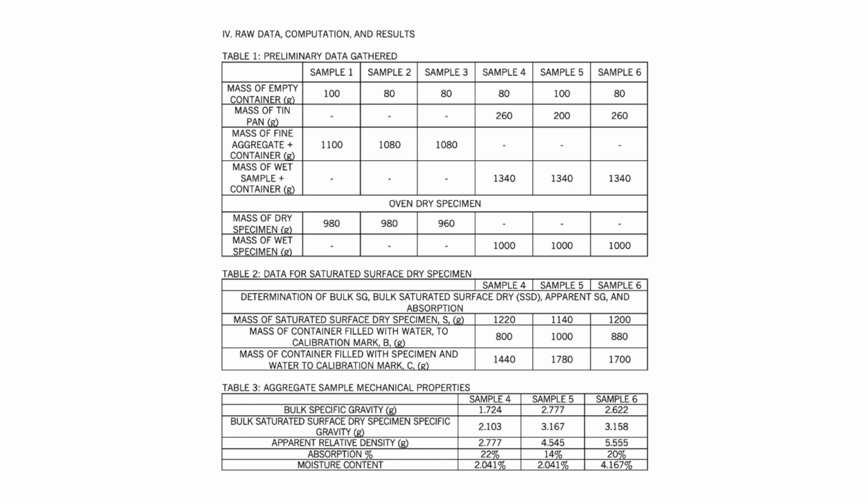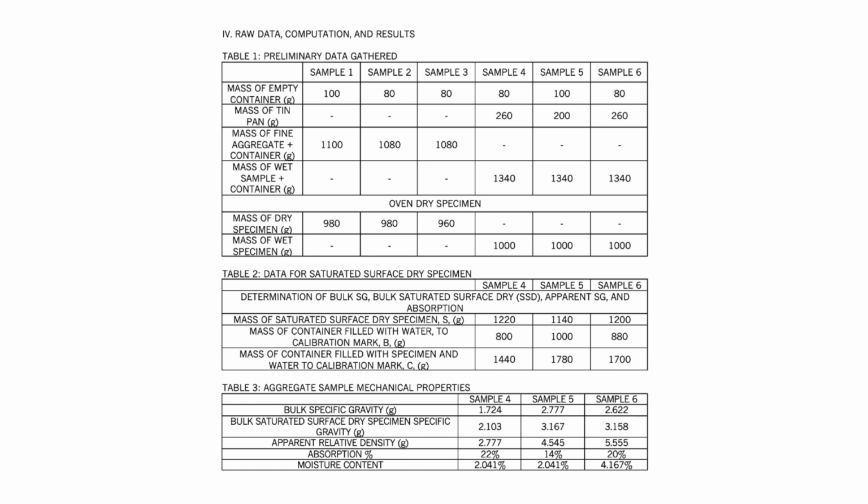Table 2 provides data on bulk specific gravity, bulk saturated surface dry, apparent specific gravity, and absorption. The saturated dry specimen masses range from 1,140 grams to 1,220 grams, while the container masses containing specimen and water vary from 800 grams to 1,000 grams.